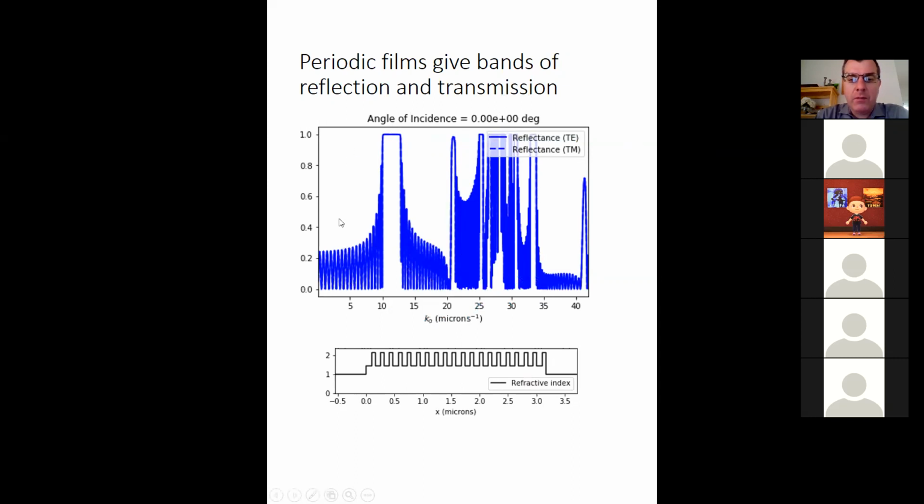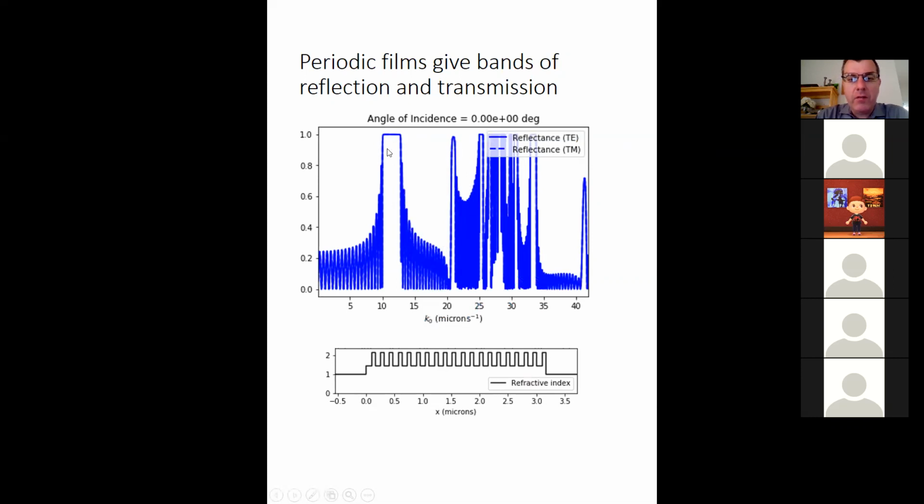And this is why they call it a band gap material, because there are gaps. You know, here you've got at least partial transmission, meaning the reflection is not 1. The reflection may be a complicated oscillating function, but it's not 1. Then you've got a band of essentially perfect reflection, which means forbidden transmission. Then a band of, again, transmission, a band of nearly perfect reflection, a band of transmission, a band of nearly perfect reflection.